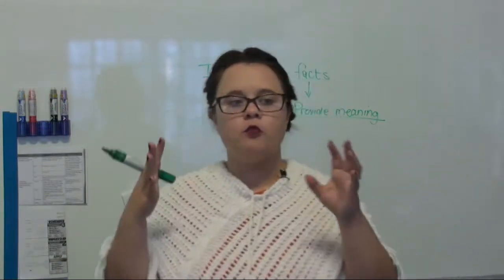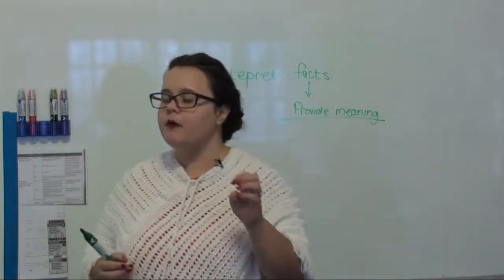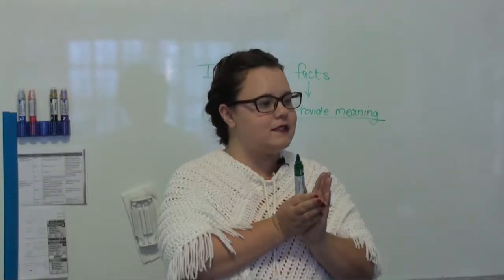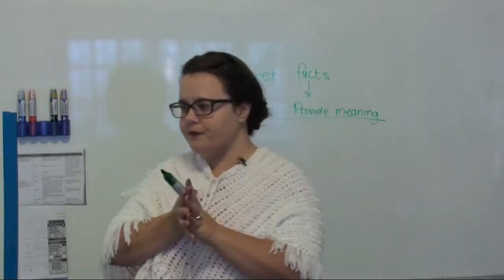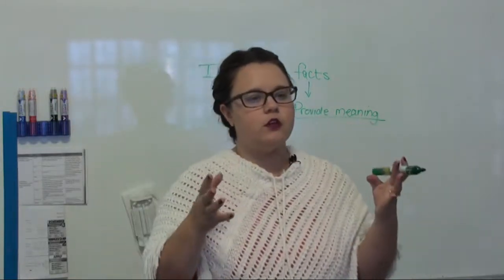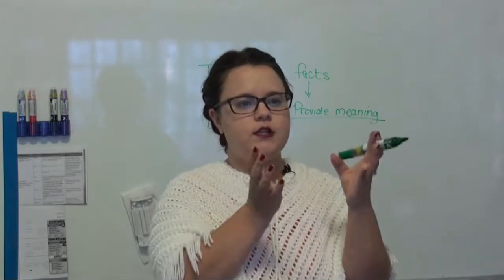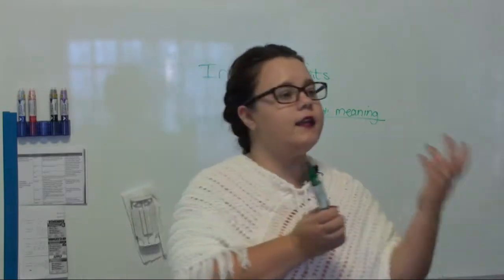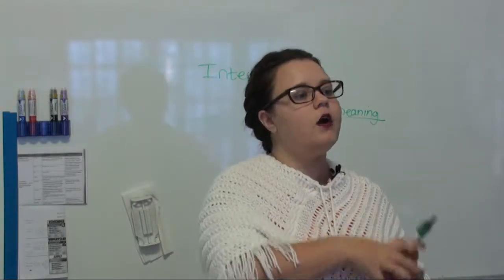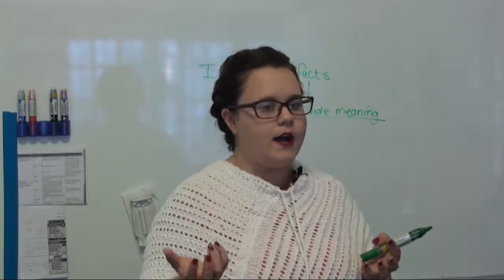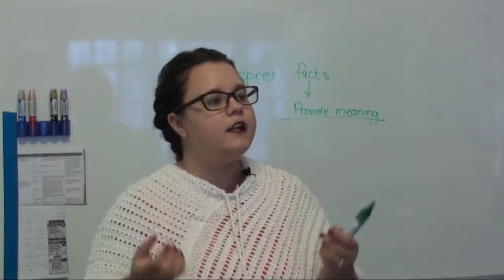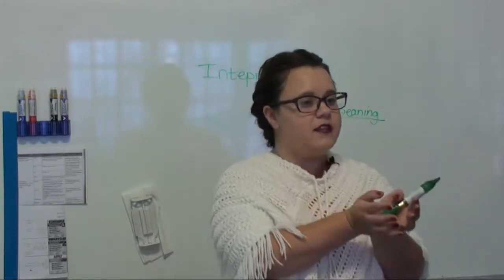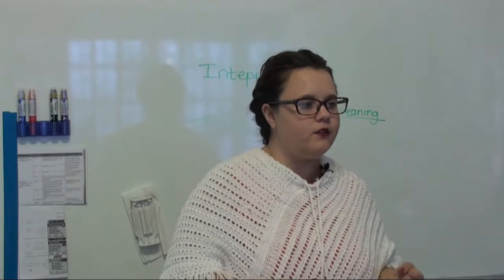We've got a world map, and on the world map we've got the bar graph of the life expectancy of each country. What we would then do is look at the countries and say, okay, which type of countries would have a higher life expectancy compared to countries that would not have a higher life expectancy. That is when you are interpreting something. So you look at the facts and provide meaning from it.